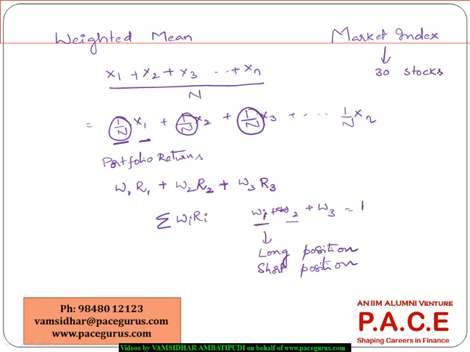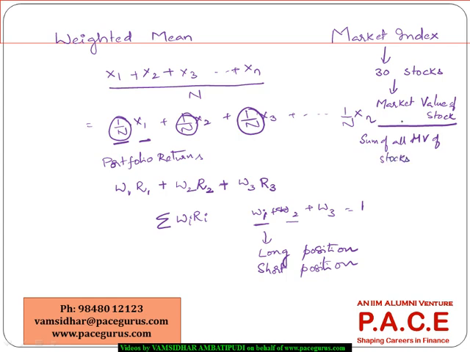The weightage to each of the stocks is taken as the market value of the stock which has been included in the Sensex, divided by the sum of all market values of the stocks which are included.